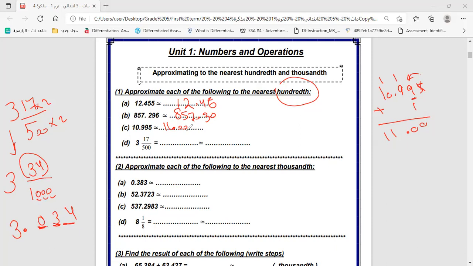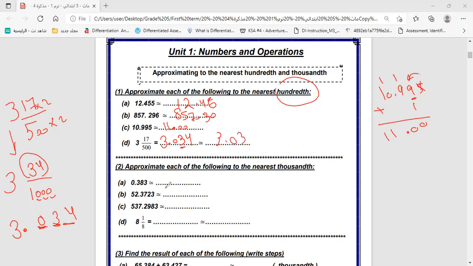Okay, this is your answer as a decimal, but it's not approximated yet. In the second step, you will approximate it. How? Again, to the nearest hundredth, look at the hundredth digit, which is 3. Look next door, 4 is a weak one, so 3 will be kept as it is, 3.03.